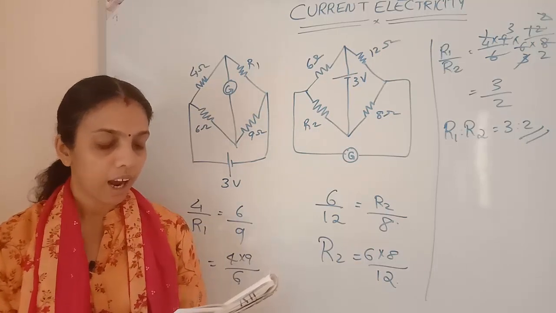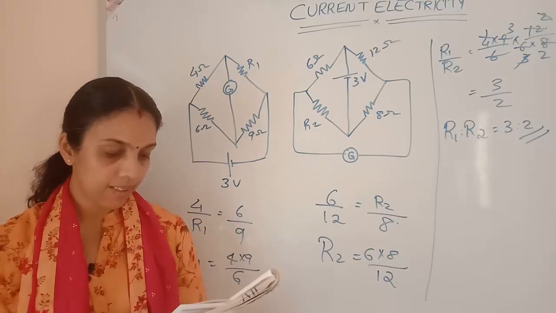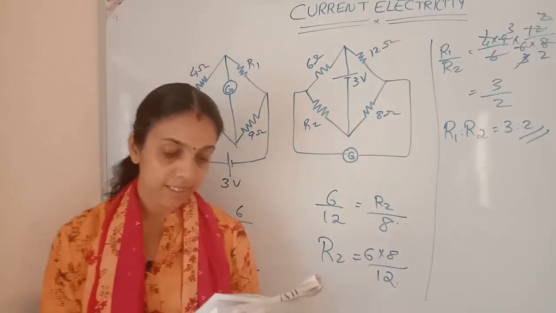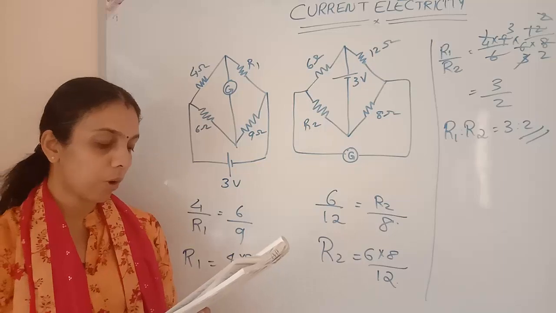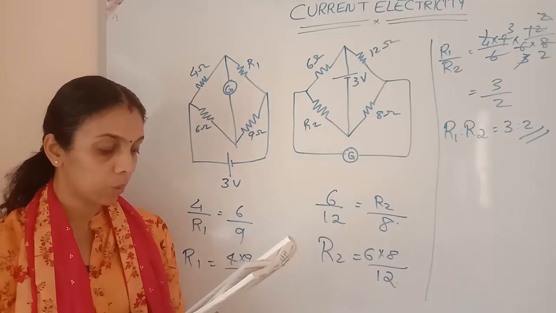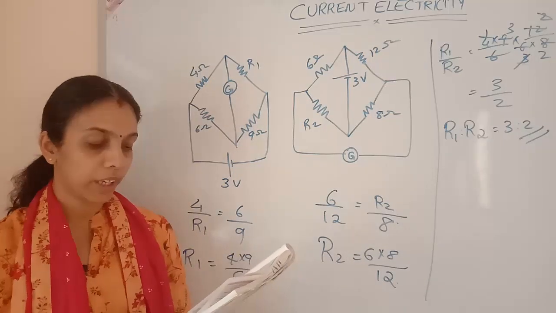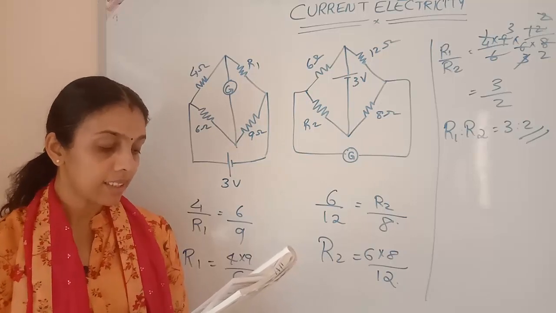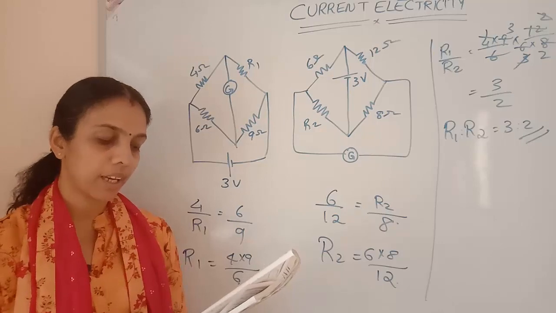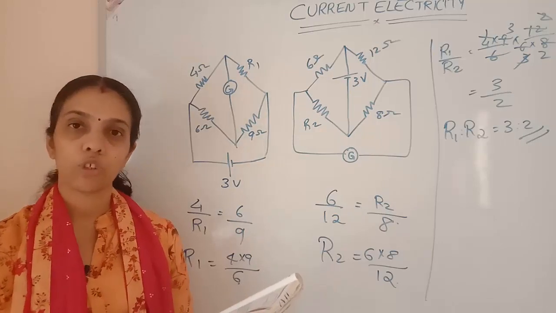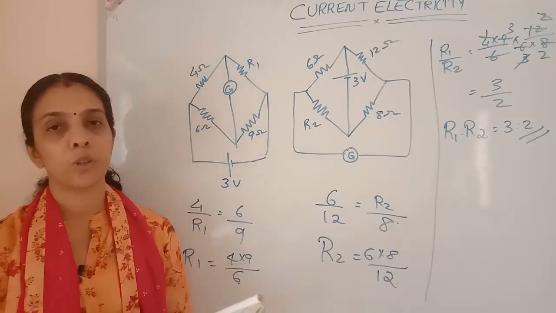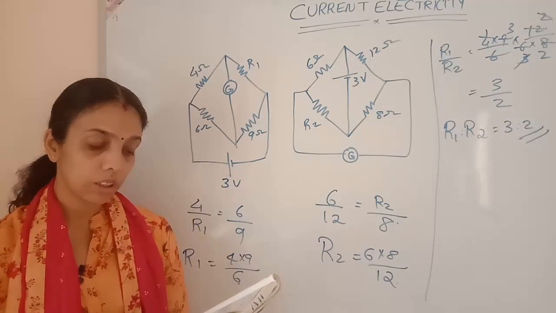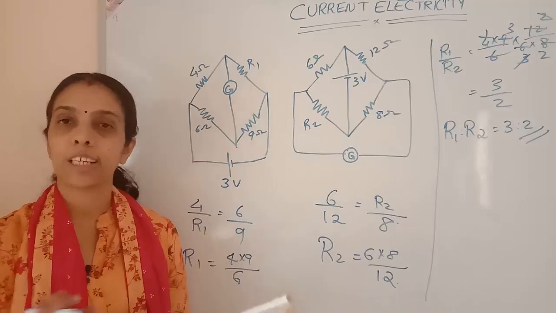An unknown resistance X is now connected in parallel to the resistance S, and the balance point is found to be L2 from the zero end of the meter bridge. Obtain the formula for X in terms of L1, L2 and S. The same question was asked in 2009 as well as 2017, so both years it is asked. We will try to do that.